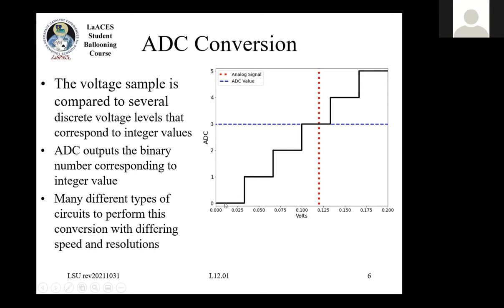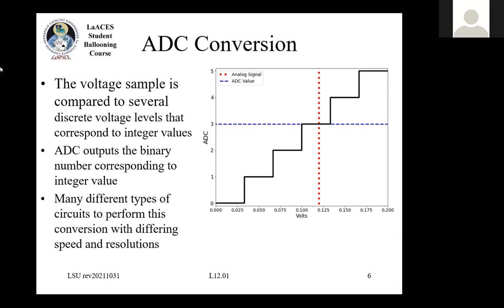And each one of those discrete voltage steps that goes from some minimum voltage to some maximum voltage is going to correspond to a particular integer value. So for example, you can see here from about 0.03 to about 0.6, that corresponds to the digital integer value of 1.